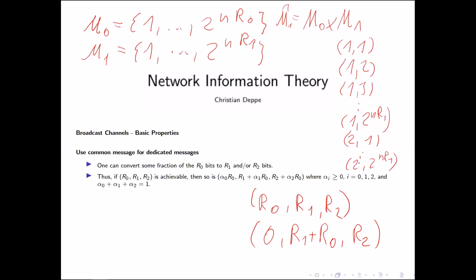And then the third thing, what is this alpha 0 for, is just that you may not use all common messages. That means you just reduce the number of common messages, and then you get this formula. And so we know if we can achieve (R0, R1, R2), then we can also achieve (alpha 0 R0, R1 plus alpha 1 R0, R2 plus alpha 2 R0). Of course, all alphas must be bigger or equal to 0, and all the alphas have to sum up to 1.